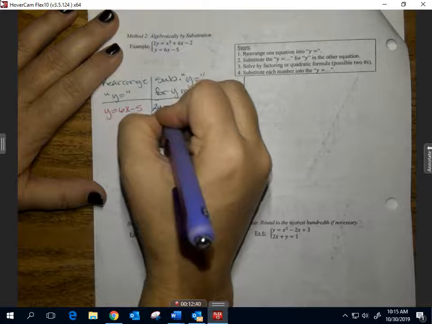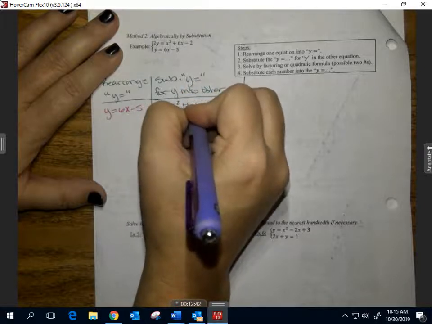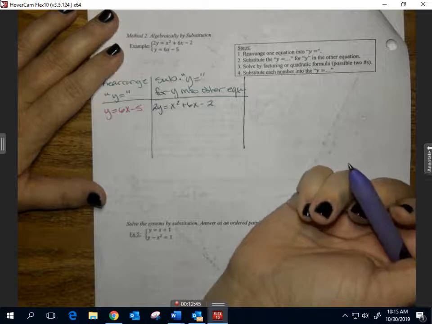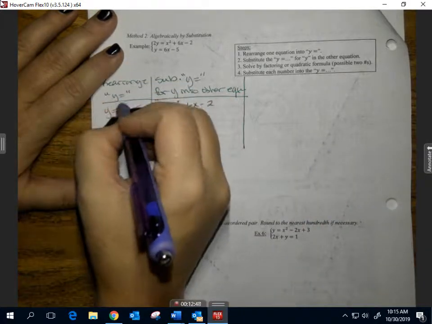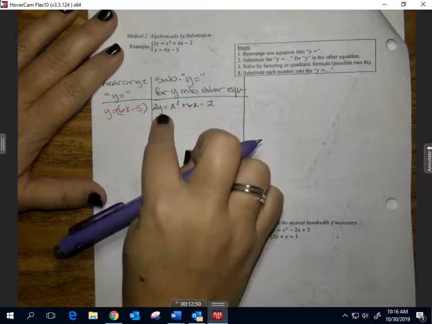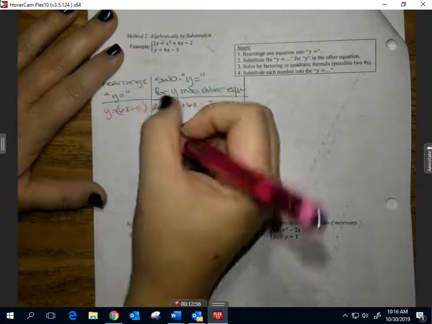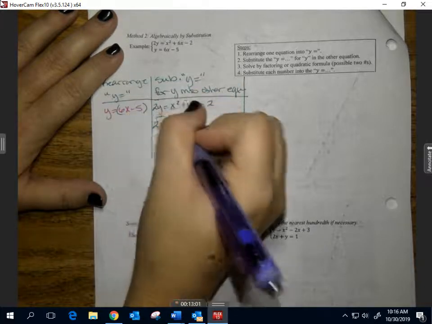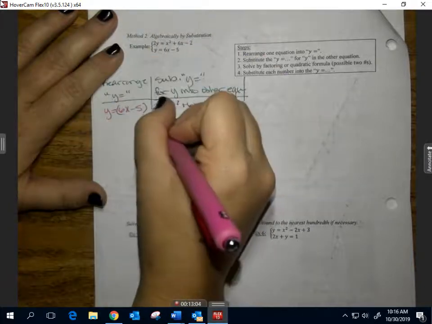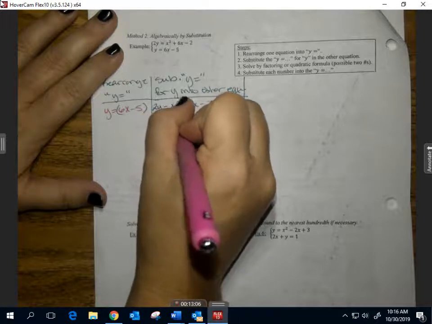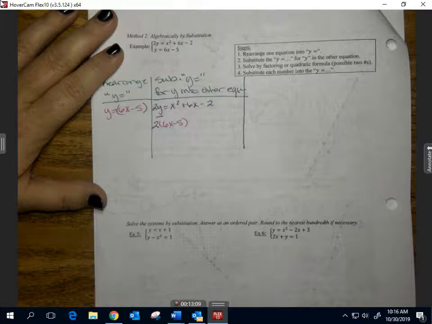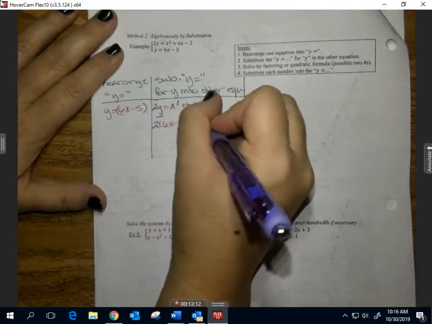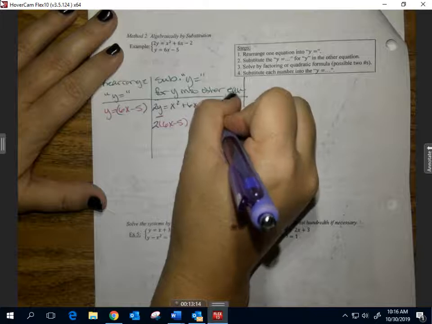So the other equation is 2y equals x squared plus 6x minus 2, right? And we're going to substitute 6x minus 5 for y over here. So where I see y, that's what I'm going to substitute in. So I have 2, and instead of y, I'm going to replace that with 6x minus 5 equals x squared plus 6x minus 2.